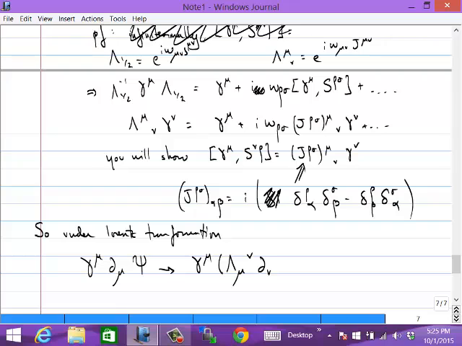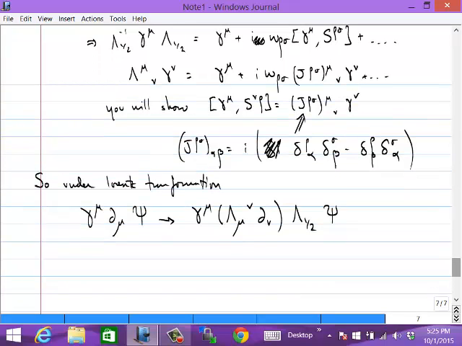That's because d by dx mu prime is given by lambda mu nu, d by dx nu, so that's the chain rule for derivatives. And then we have lambda to the 1/2 times psi. Remember, this is a 4 by 4 matrix, but it commutes with that one. It doesn't have any spinor indices.